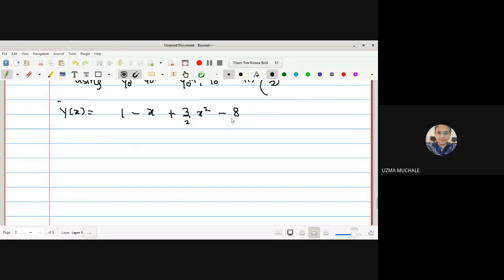It is y naught triple dash divided by 6, that is 3 factorial into x cube plus 34 we have got divided by 4 factorial, it will be 24 into x raised to 4. Okay, now what we need to find out, we are asked to find out the value at x is equal to 0.1, correct? So just put x is equal to 0.1 and tell me the answer firstly.